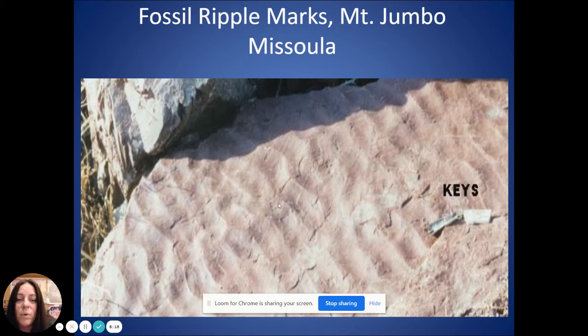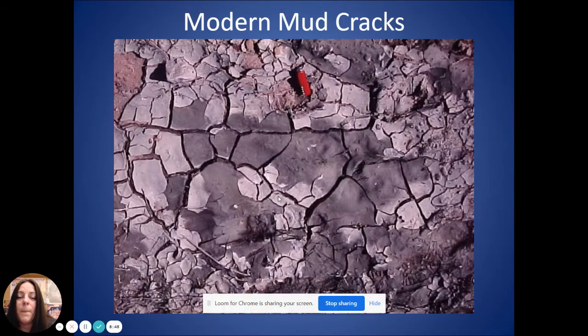So we know when this rock was physically created, it had to be close next to some water that allowed the movement of water going right over it. Maybe not always water. You can actually have ripple marks that are deposited in sand dunes. So you can get it from wind as well, but most commonly in water. So we know that this rock, even though it's on the top of Mount Jumbo, formed under the water somewhere.